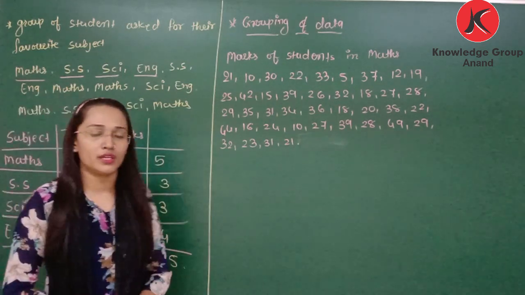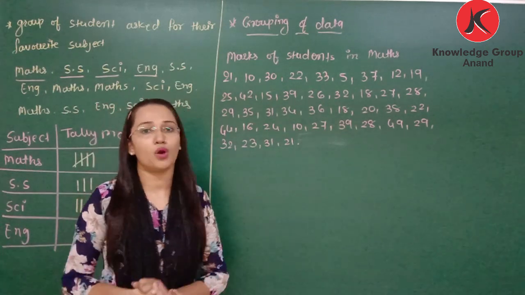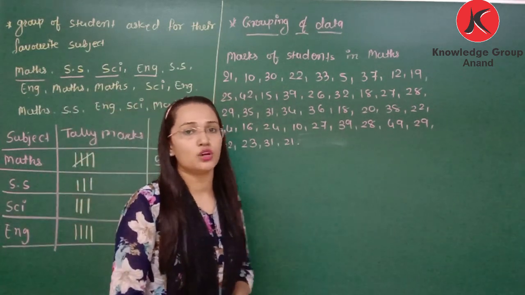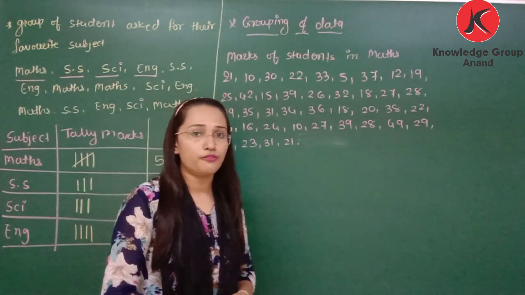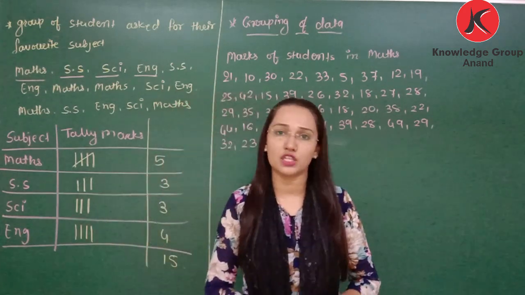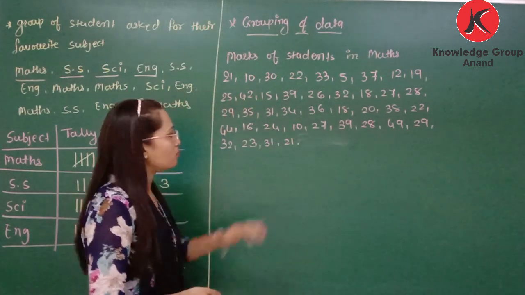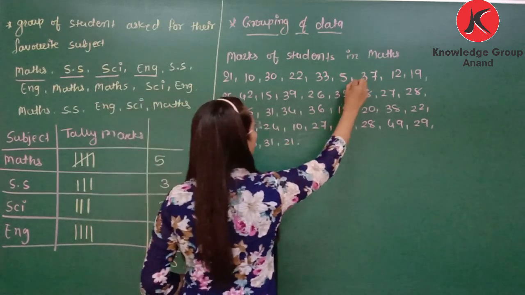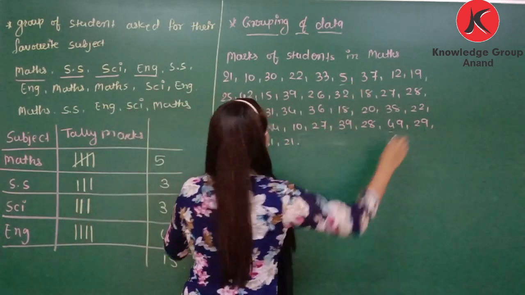Now, grouping of the data. Sometimes it may be possible that we have a large amount of information. For example, if we gather the information of 100 students in maths, then we have a large amount of data. If we consider this kind of data, you can see that the smallest value is 5 and the largest value is 49.